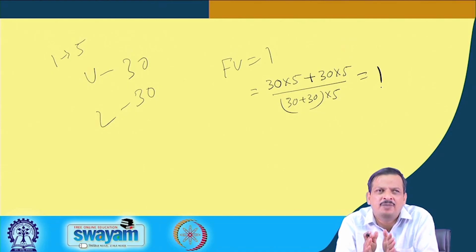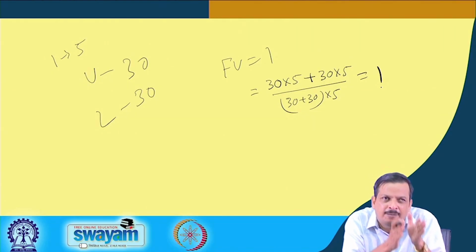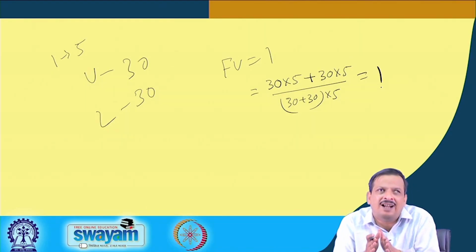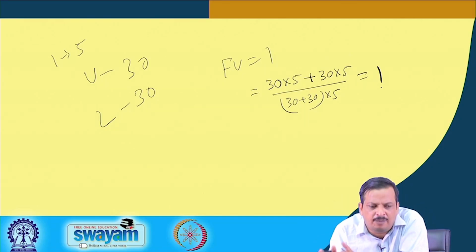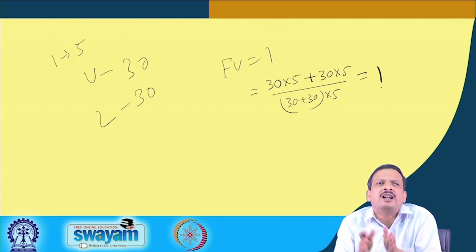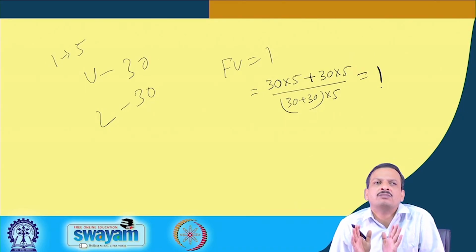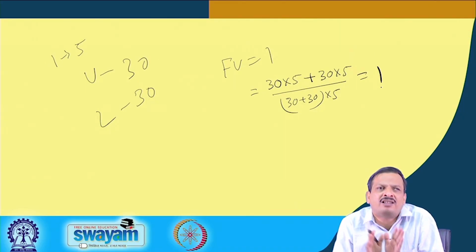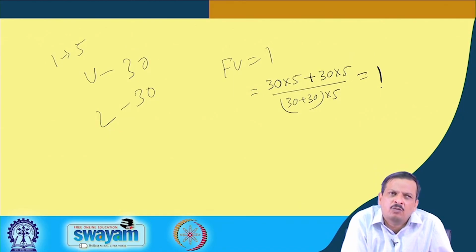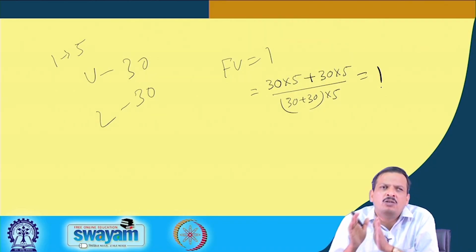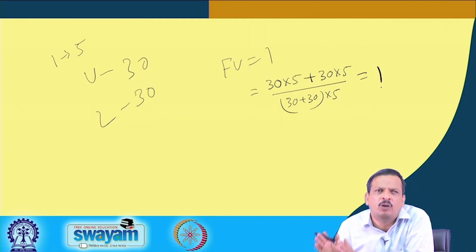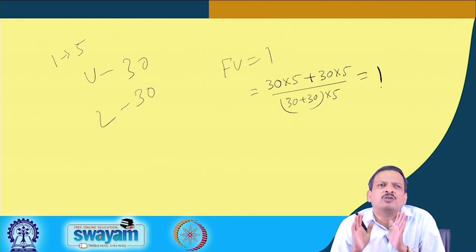What does it come to? Marks obtained by the upper group plus marks obtained by the lower group divided by the total group marks. So, if all 30 students of the upper group are given full marks, all 30 students of the lower group are given full marks, then FB value is 1.